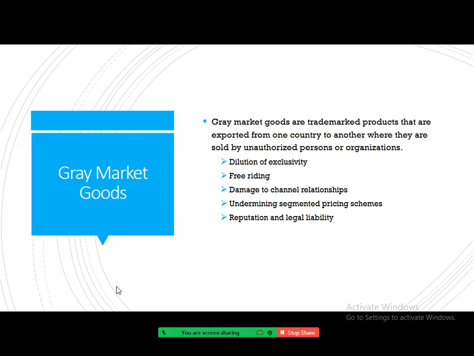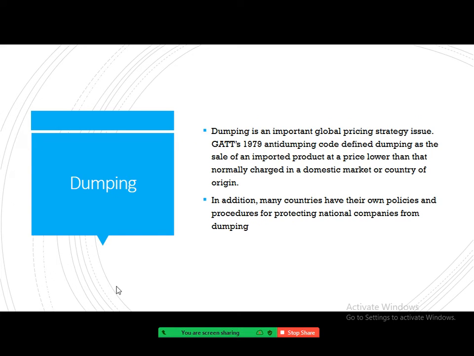Now, last part in the gray market: sometimes gray markets bring a product produced in a single country, like French champagne, into the export markets in competition with authorized importers. The gray marketers sell at prices that undercut those set by the legitimate importers.